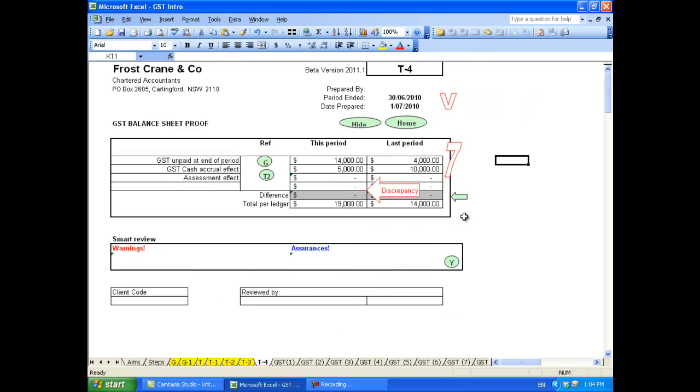The seventh schedule, T4, is a reconciliation of the GST balance sheet account. The amounts in this schedule will be populated automatically, and any discrepancy here will need to be explained. You've now completed or covered the 7 steps in the work papers.